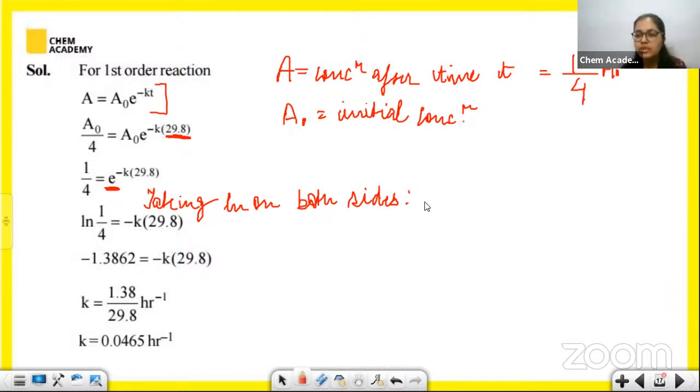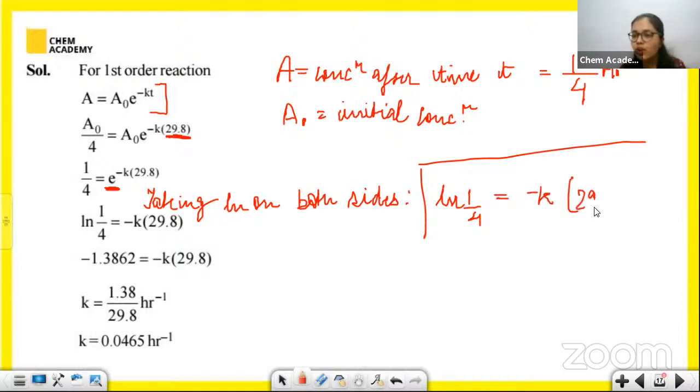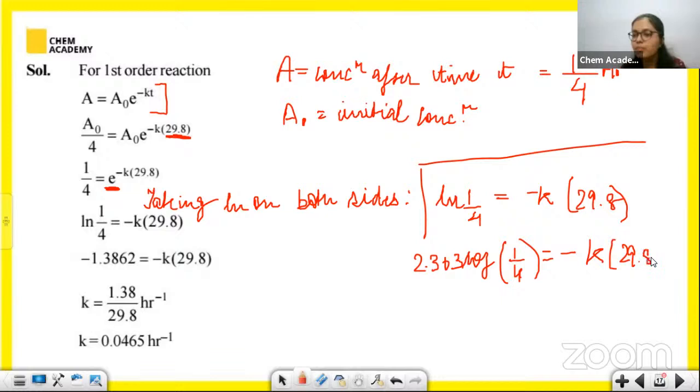Here we have ln 1/4 equals minus k into 29.8. So we can convert this to 2.303 log of 1/4 equals minus k into 29.8.